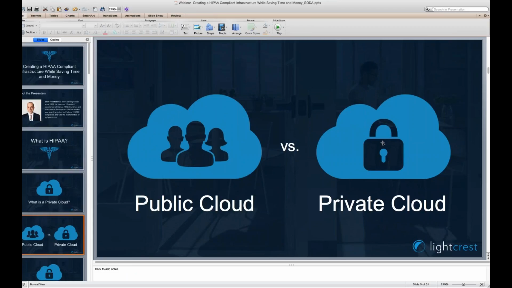So public cloud versus private cloud. Let's talk a little bit about the differences. As I mentioned, in the private cloud, you have a dedicated single-tenant infrastructure. You're not sharing that infrastructure with any other customers but you. You're the only organization on that cloud. Contrasted with public cloud, let's say we're talking about Amazon Web Services or Microsoft Azure, for example.